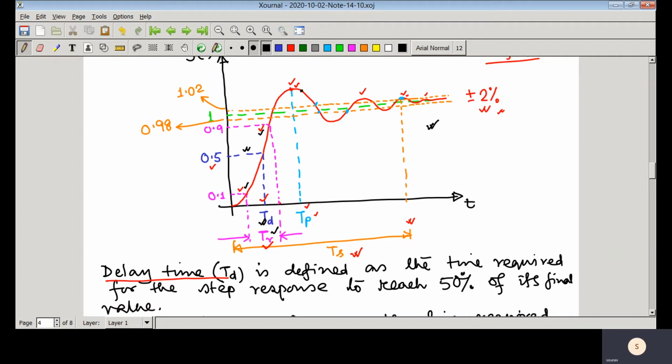That means you know when the first peak would come, when the second peak would come, and so on. But from those four definitions you won't be able to say how much peak there would be. So to quantify that, we will be introducing another definition which is called the percentage of overshoot. We will be discussing it later.